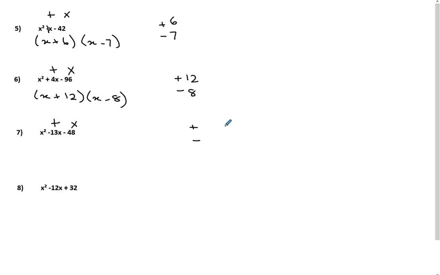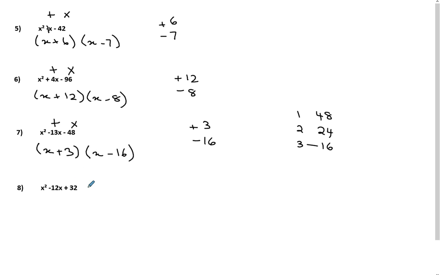If the difference is big, then you're thinking of 1, 48, no, 2, 24, no, 3, 16. Oh yes, the difference between them is 13. So then you've got minus 16, sign of the bigger number rules. So minus 16 and plus 3, so you've got x plus 3, x minus 16.